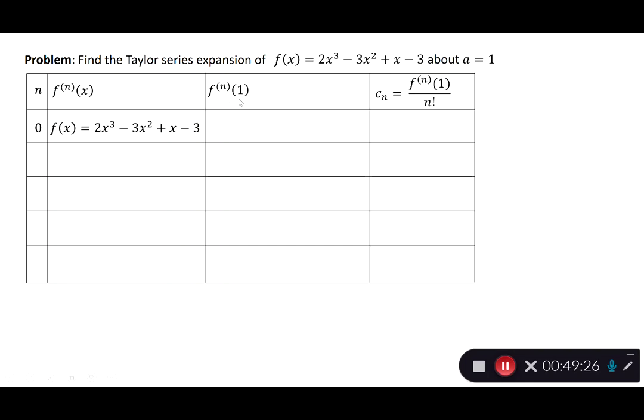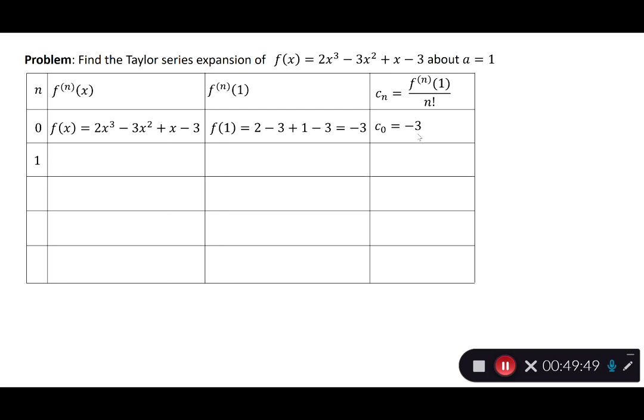Evaluate this at 1. F of 1 is what we need to find. F of 1 happens to be, plug x equals 1, and you get -3. So C0 would be negative 3 over 0 factorial, or just negative 3.